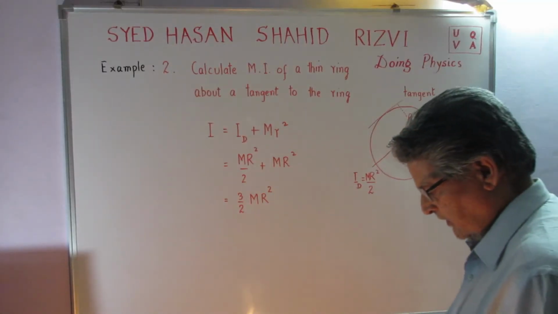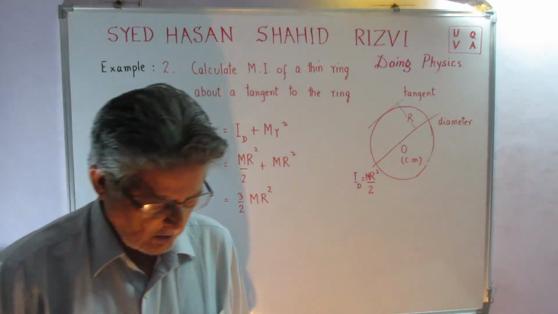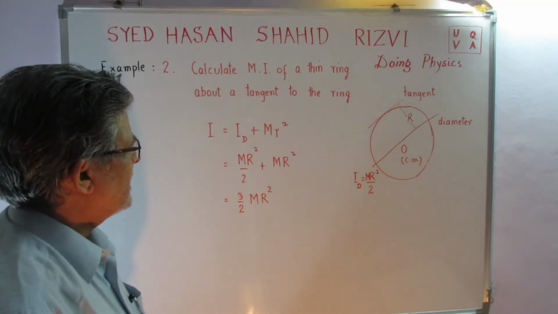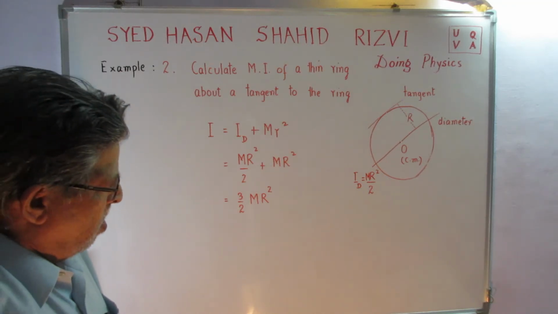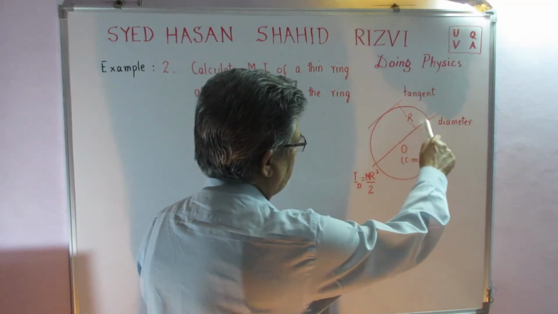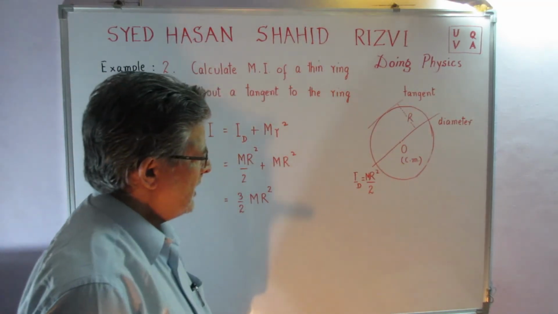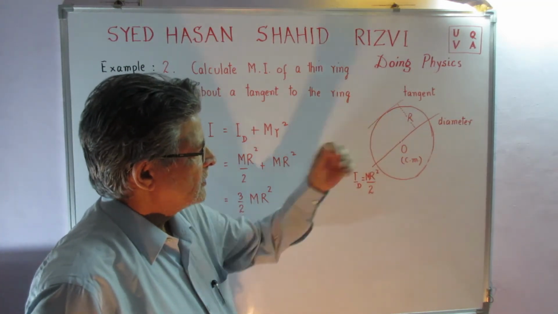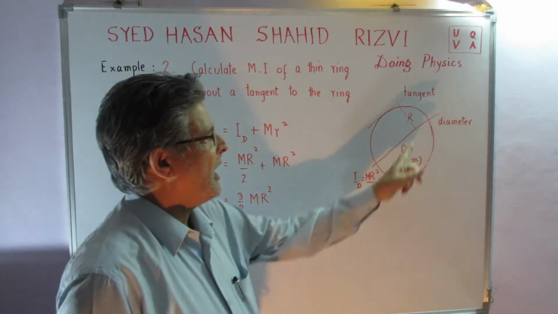There is a very simple exercise that we want to do just now: to calculate the moment of inertia of a thin ring about a tangent to the ring. The tangent is in the plane of this thin ring of radius r, and naturally the distance from the diameter to the tangent is equal to r.